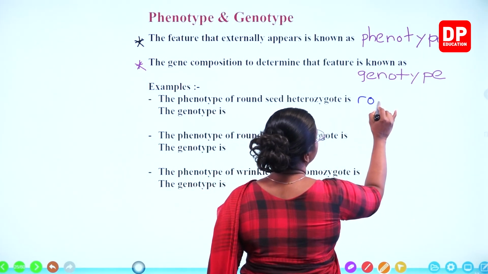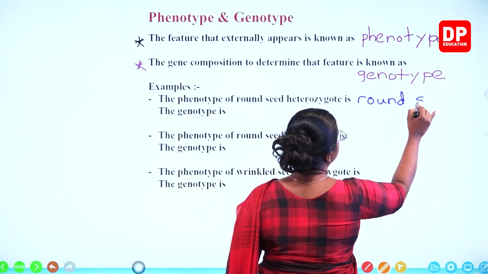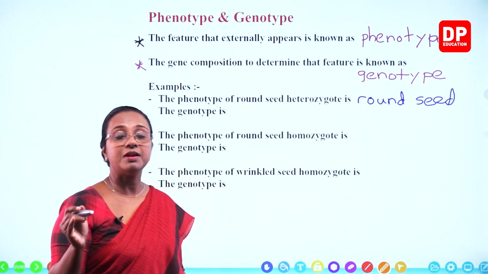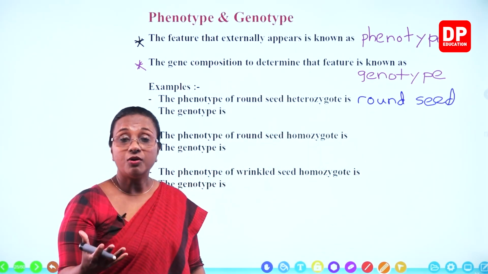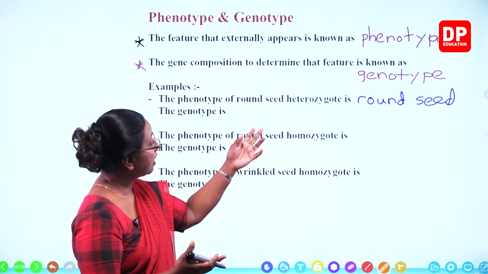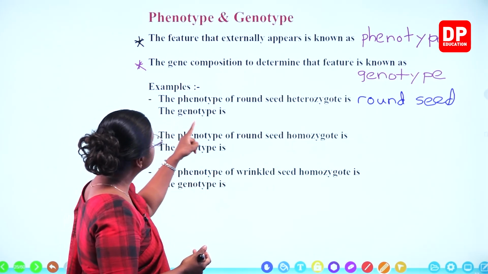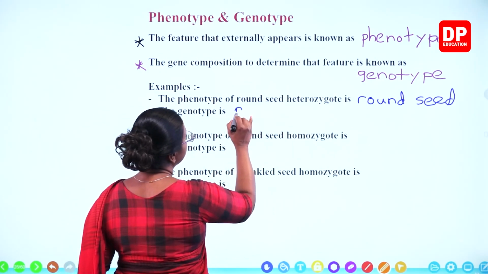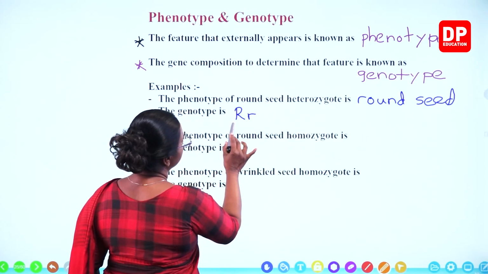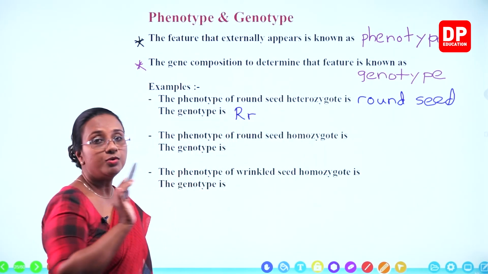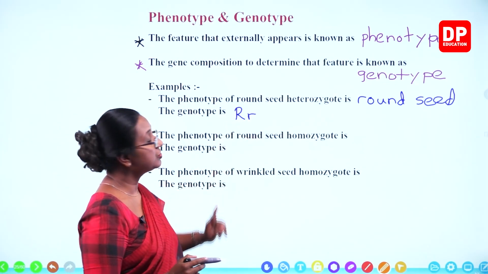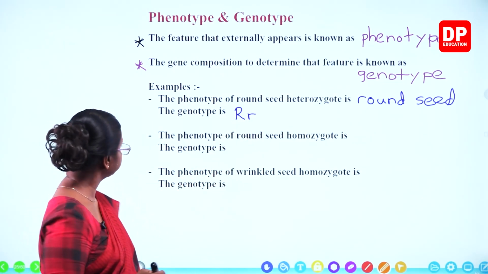Phenotype: round. That is the character or feature that is observed, externally seen. And the genotype is going to be capital R, simple R. Why? It is the heterozygote, a combination of round and wrinkled character genes. That is the heterozygote situation.